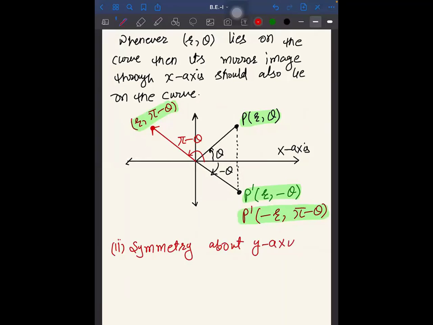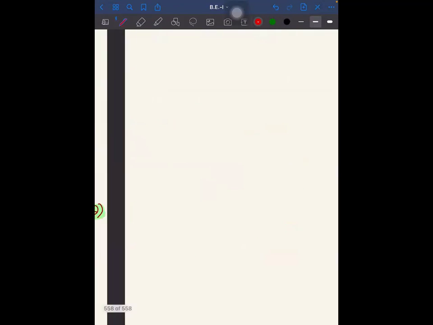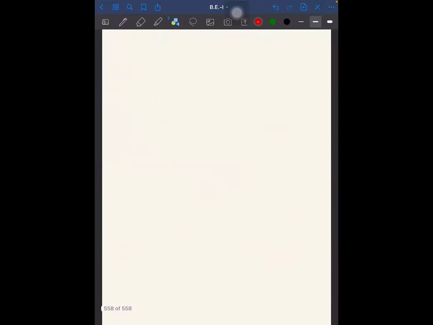y-axis. So first of all, let's construct a graph. Then things will be easier. So this is your point, right? Are you with me? Yes, sir.